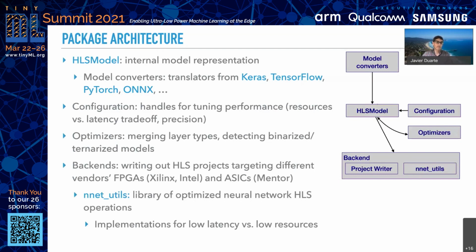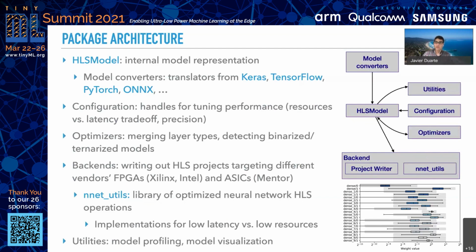And for each of these different HLS targets, we have this library of optimized neural network HLS operations, which can be customized for each of the different flavors. And in addition, there's implementations for different strategies. So depending on if you're targeting lower latency or lower resources, there can be different versions.